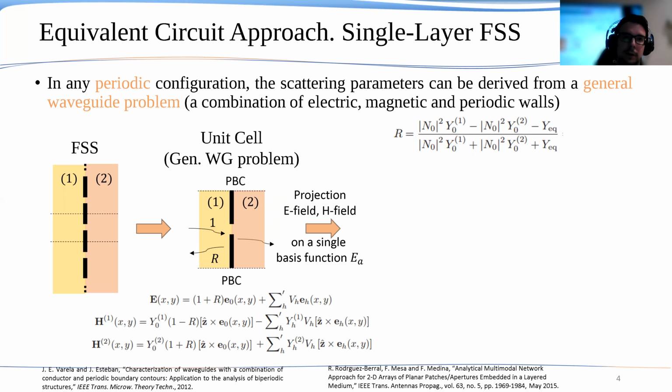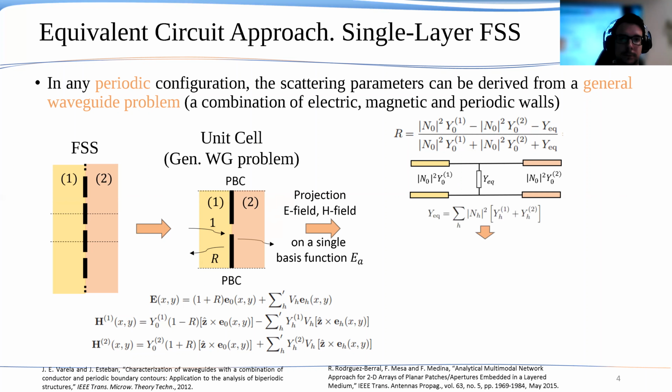The first term is related to the input media, which is represented with a transmission line. The second term represents the output media, which can also be represented with a transmission line, and the middle term is the equivalent admittance that represents the discontinuity plane in the structure.